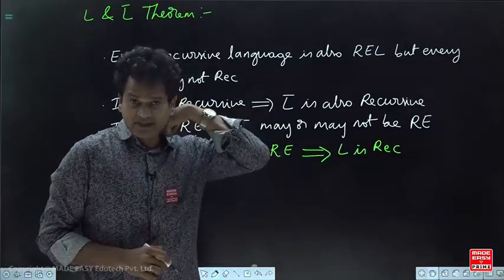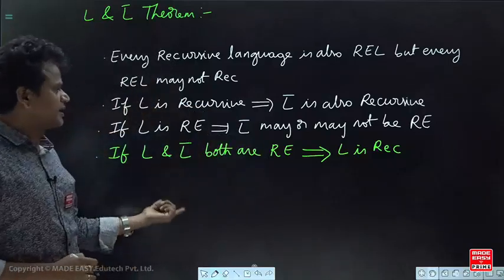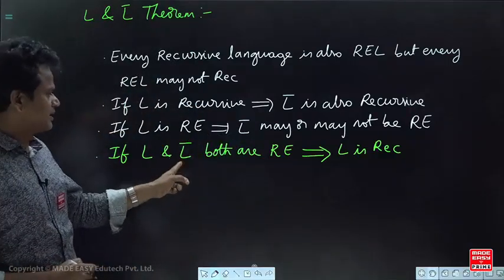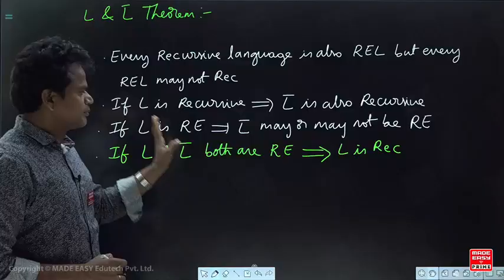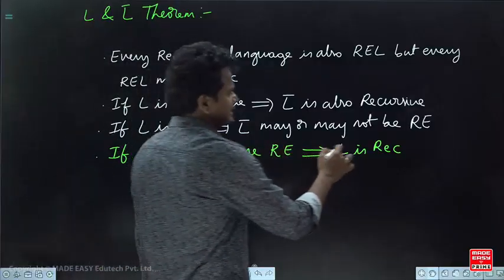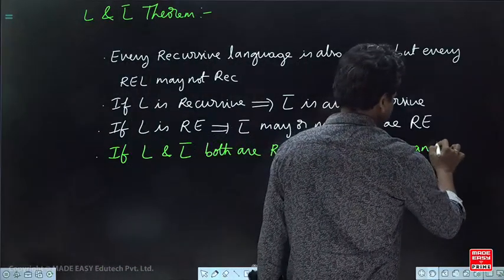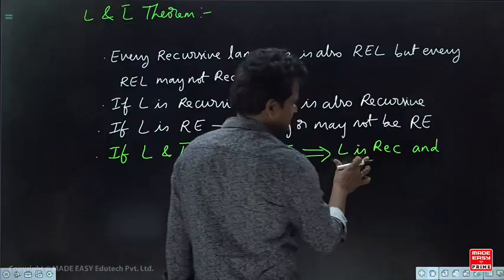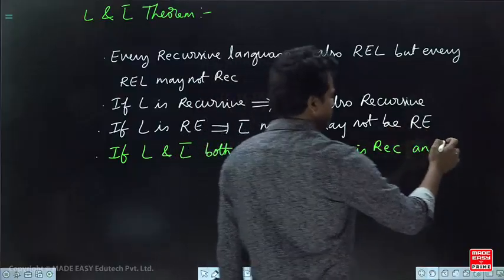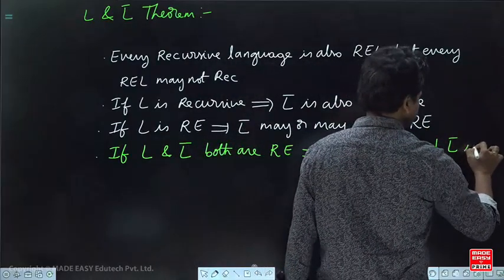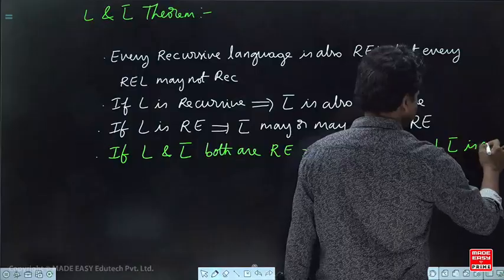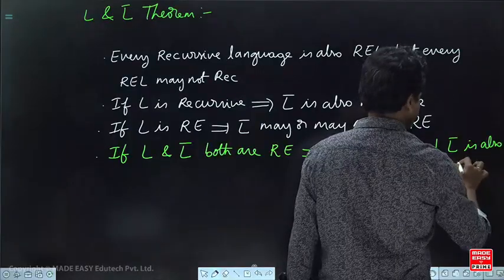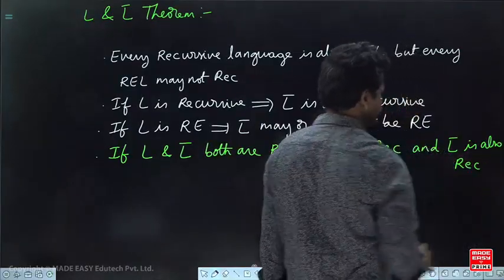Suppose a language L and its complement L bar both are RE, then L is REC. And if a language is REC, its complement L bar is also REC. This is the L and L bar theorem, okay? Okay guys, copy this.